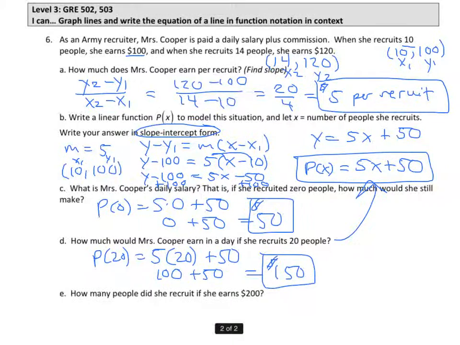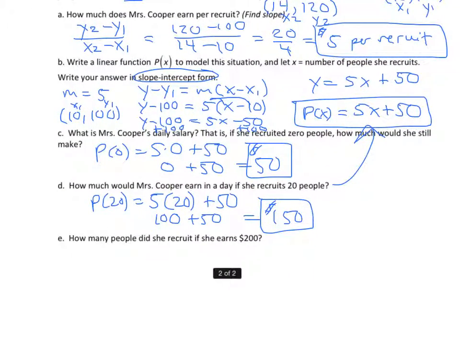And now for this last part, how many people did she recruit if she earns $200? This time we know how much she's earning, but we don't know how many people. So we're solving for x. So we're going to say 5x plus 50 and set it equal to 200. So I used my equation from part B. I set it equal to 200 because I know she makes $200 and I'm solving for x.